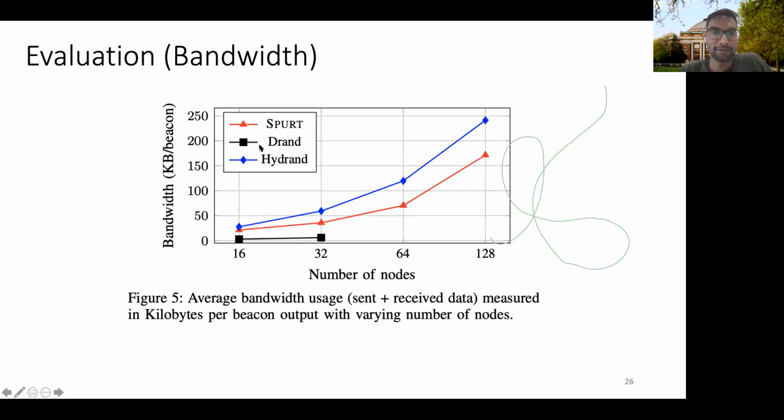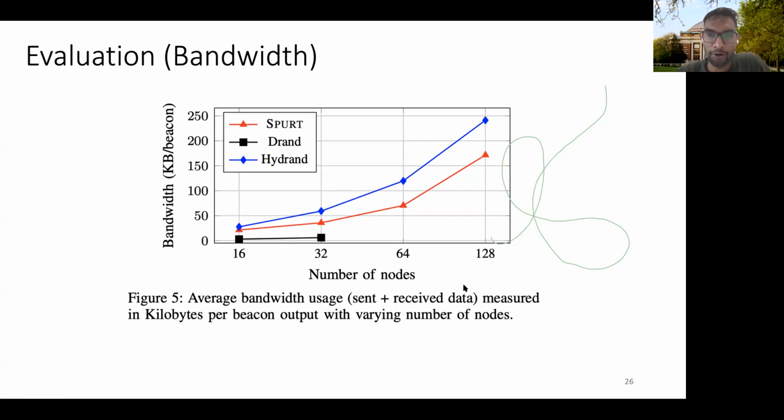For bandwidth, this is what we expected. DRAND will have much lower bandwidth than SPURT. Hydrant and SPURT are comparable in terms of bandwidth. It's the total bandwidth per node, where we sum the received and sent messages together.